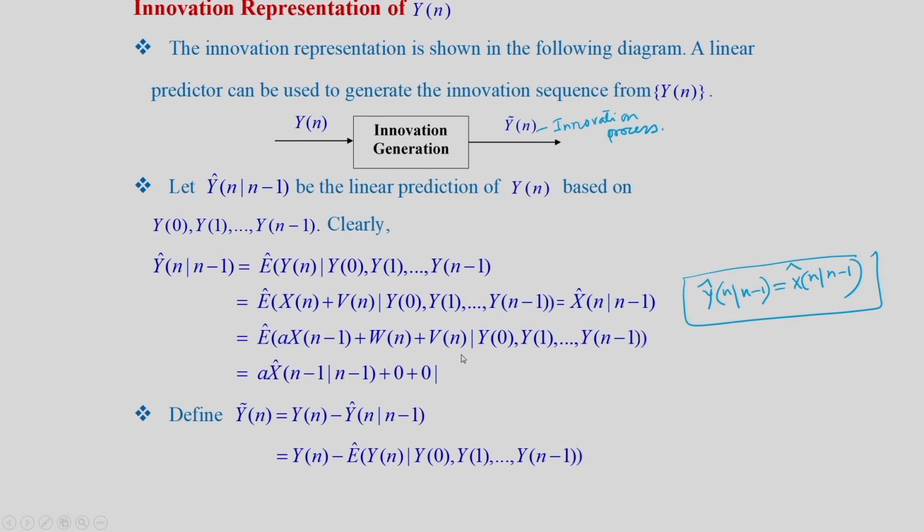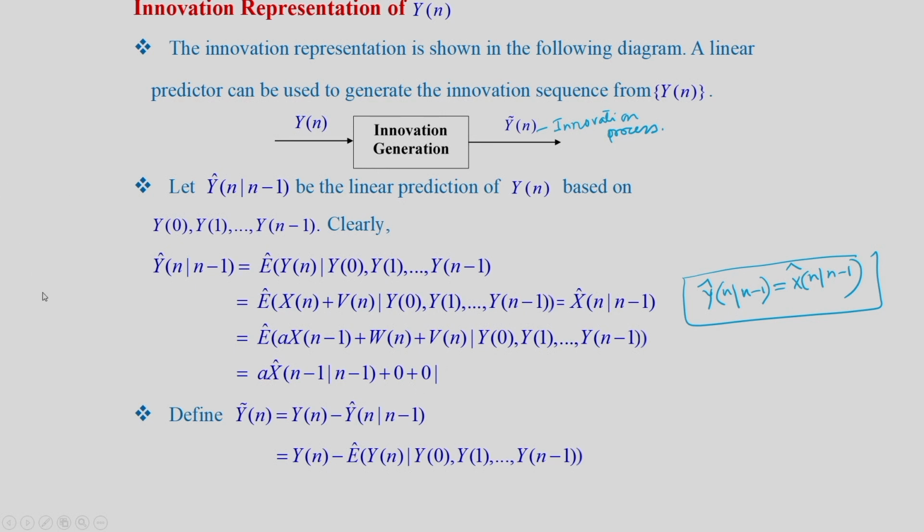Given all data up to yn minus 1, we are determining x of n minus 1, so it is a times the estimator of x of n minus 1 given data up to n minus 1, plus again wn is white noise, so this will be 0, and vn part will be 0.